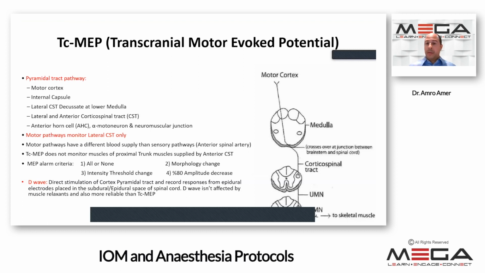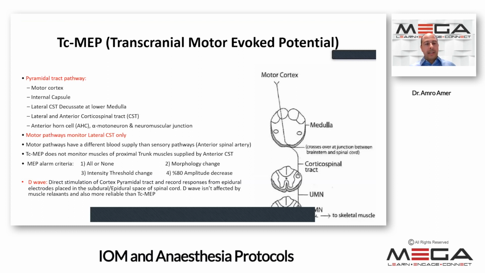The signal will come out from his primary motor cortex, goes all the way to the internal capsule, bypassing the thalamus, goes to the posterior limb of internal capsule, to the brainstem, the lower medulla, and crosses to the other side. There's 2 tracts, lateral and anterior. What we're looking for is actually the lateral that supplies the four limbs, and that's our main concern.